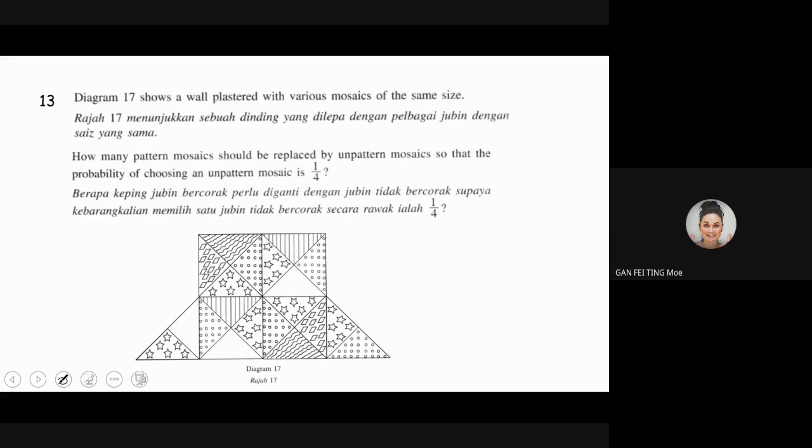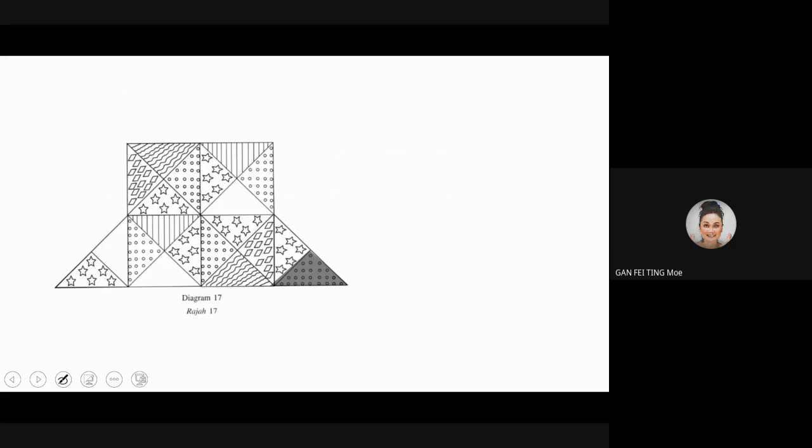After reading the question, this is what I need to know: how many patterns are there. So I highlight. You may use your pencil to highlight. I can see I got 2 green. Then I highlight the one with the same pattern and label it blue color. I see 2 pieces.